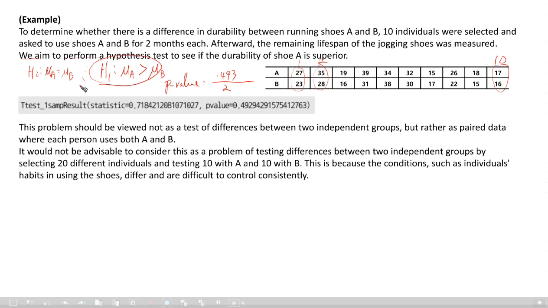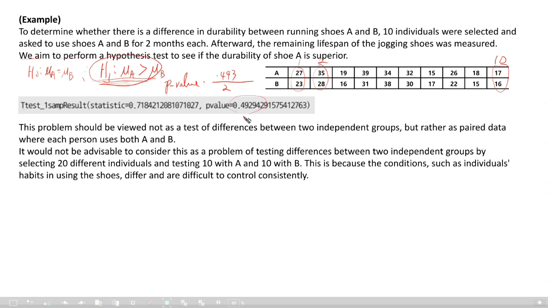But usually, the computer program calculates the two-tailed test p-value, because some software programs may command this kind of hypothesis, but usually the computer program provides you the two-way p-value.